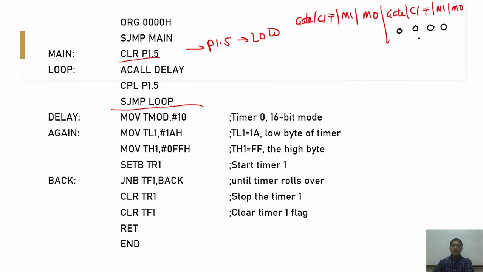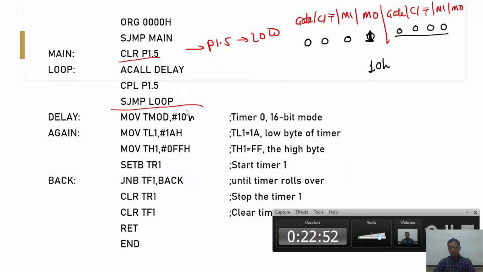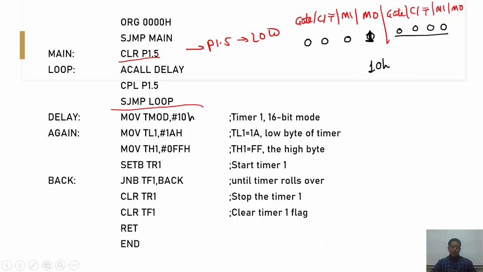We are not utilizing GATE, timer 1 is used as a timer, and for mode 1 the value is 01. So the equivalent value is 10H. So MOV TMOD, #10H indicates timer 1 is configured into 16-bit mode.